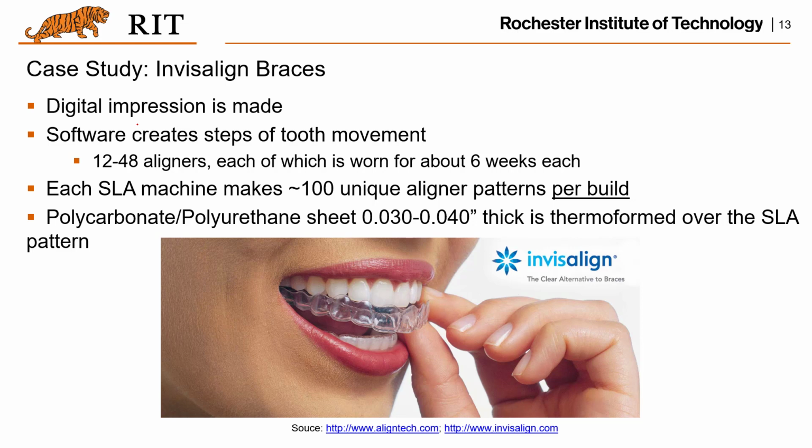The biggest application for photopolymerization-based 3D printing is Invisalign braces. First of all, the 3D model of the teeth is obtained by a 3D scanning process.